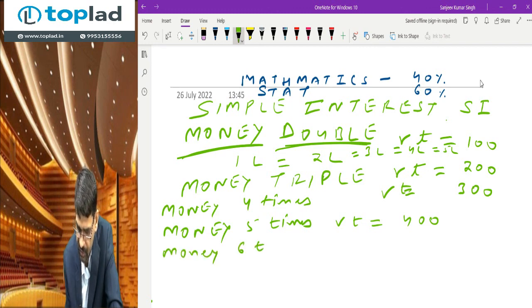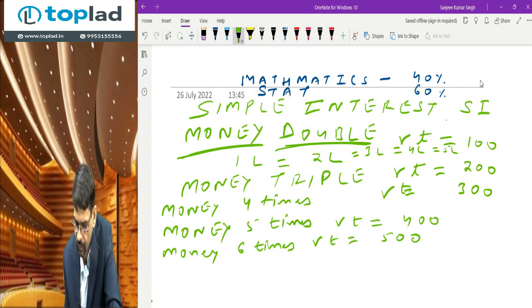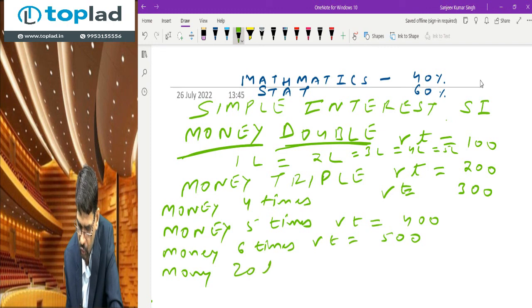Your money 6 times, RT is equal to 500. Money 20 times. Anybody attempt?